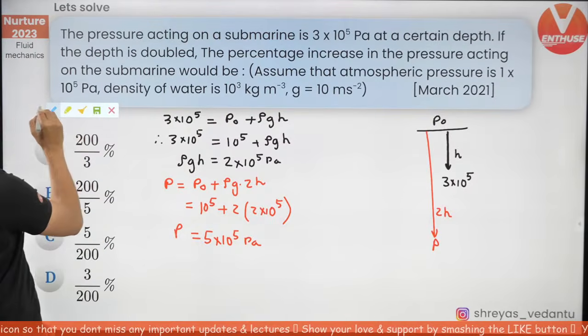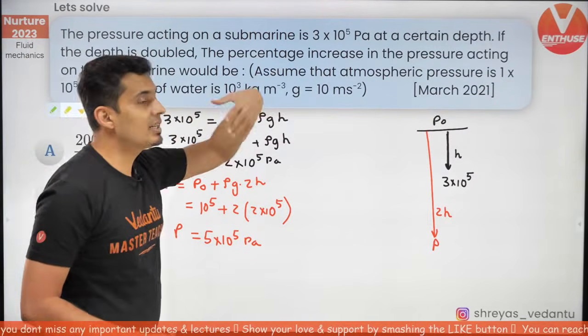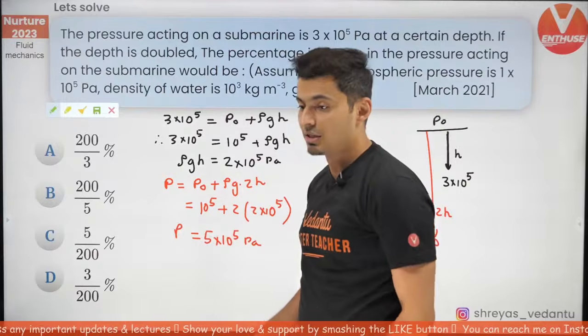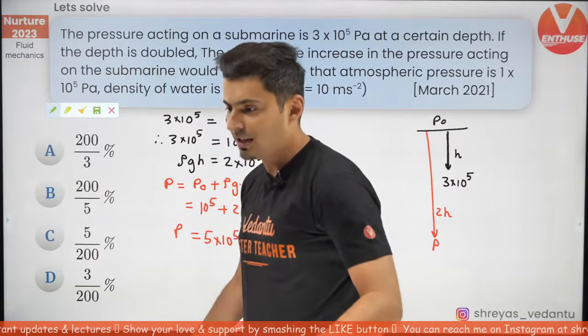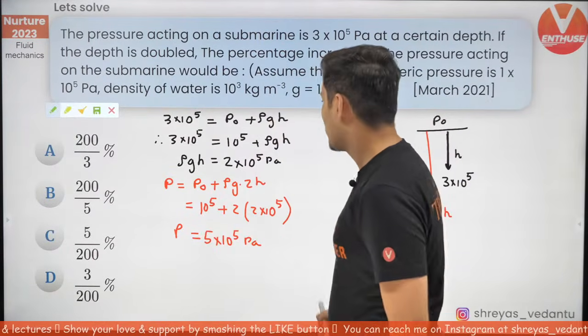But the question demands to find the change in the pressure, percentage change. Option A, let's see.